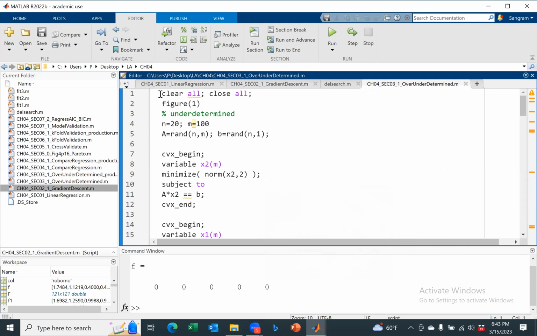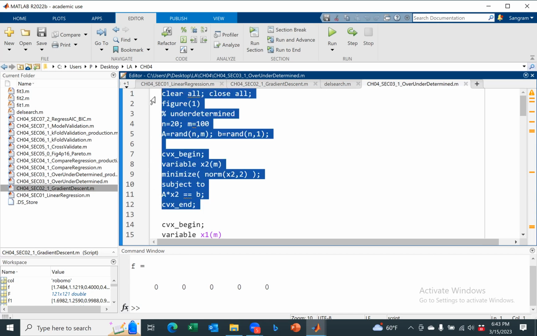In line number 1, we are clearing everything. Then we are showing the underdetermined system. Values of n and m are the matrix dimensions. I'm creating a random A matrix and a random B matrix. Then I'm going to use this optimization package, which is CVX begin. I'm going to define the variable, and then find the L2 norm of this variable, and define Ax equals B. Please try to understand, this is nothing but the least square solution.